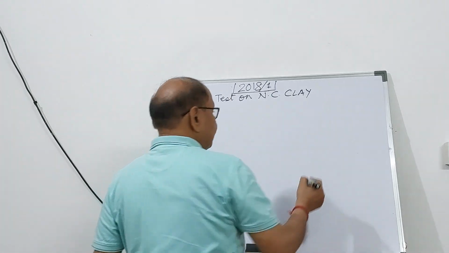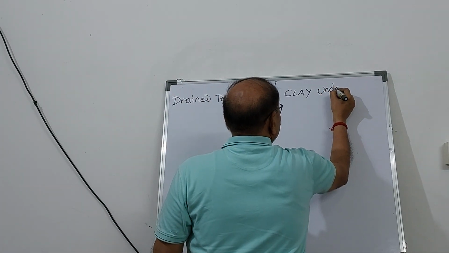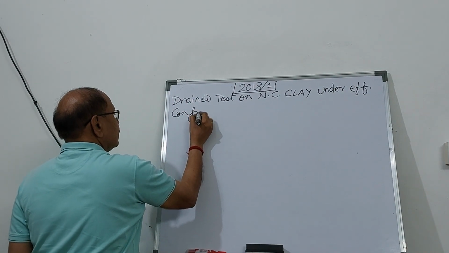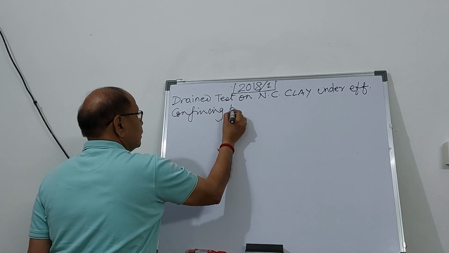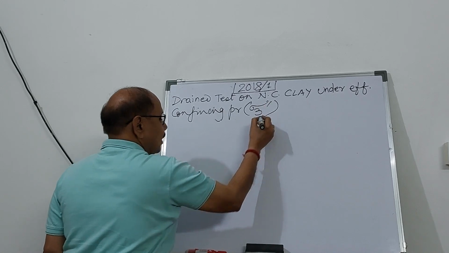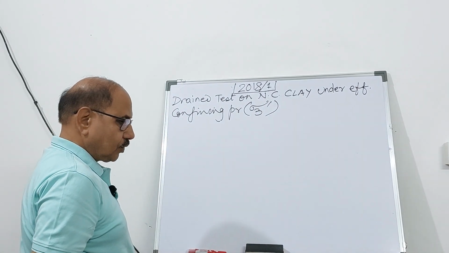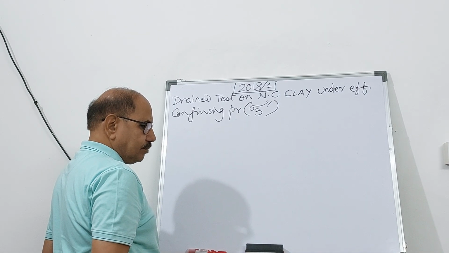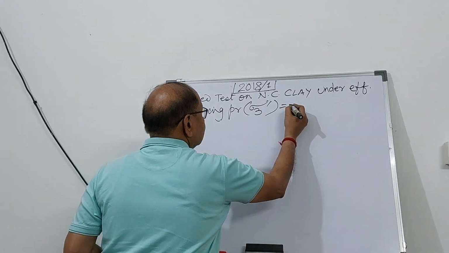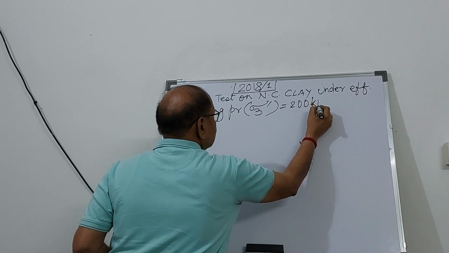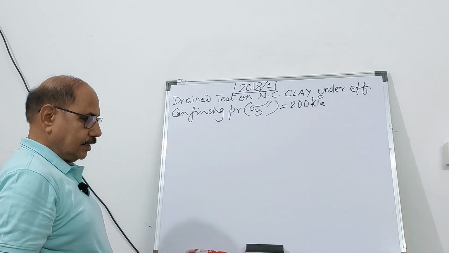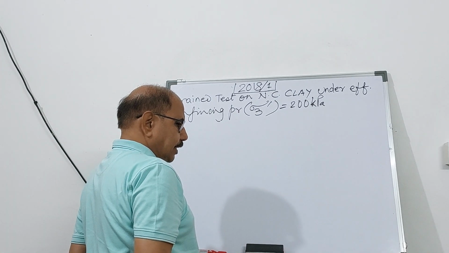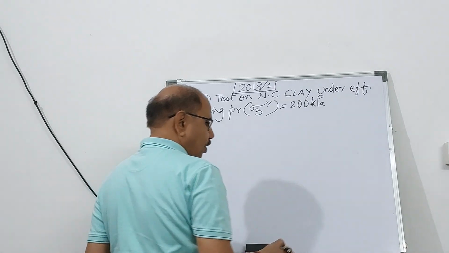Under effective confining pressure sigma 3 prime, because it is effective, of 200 kPa, a drained test is performed.